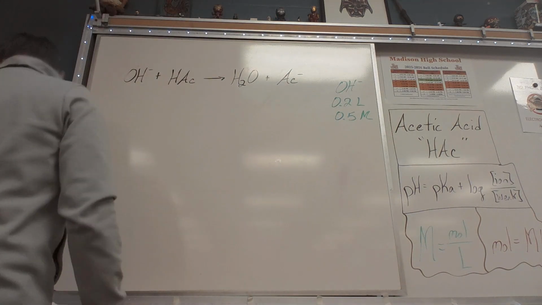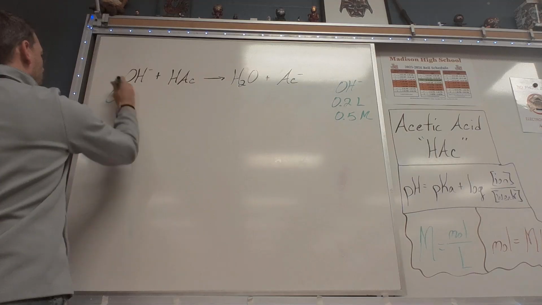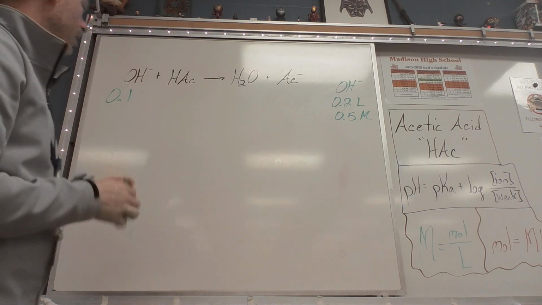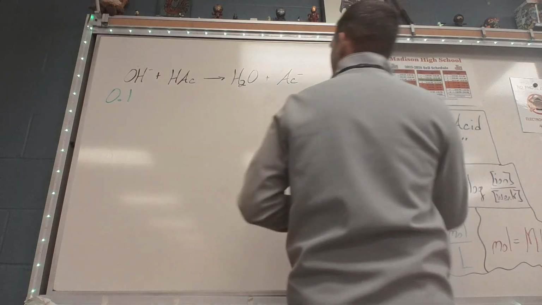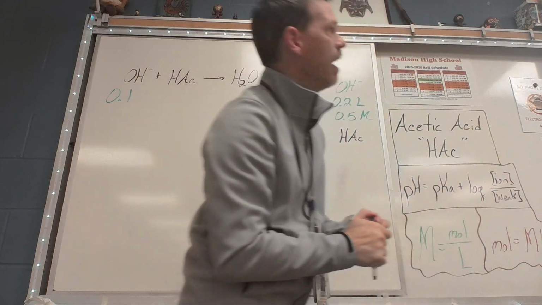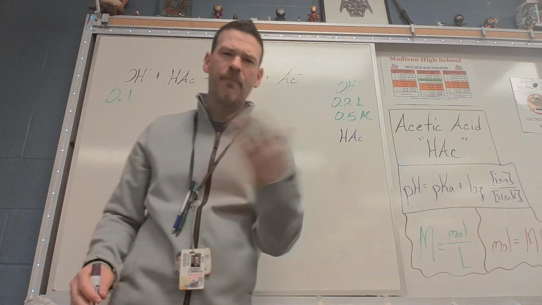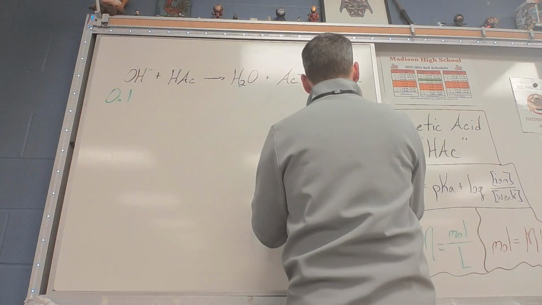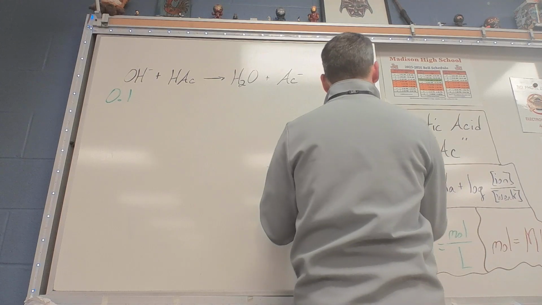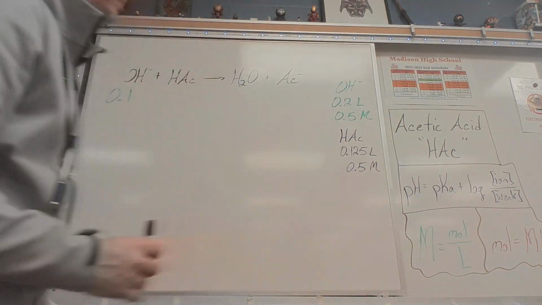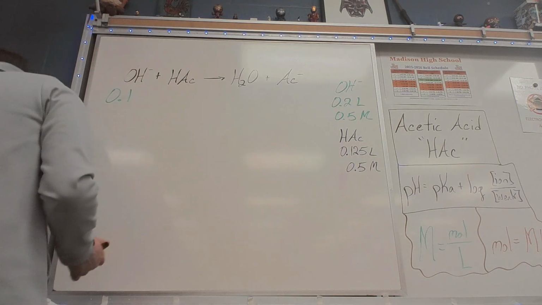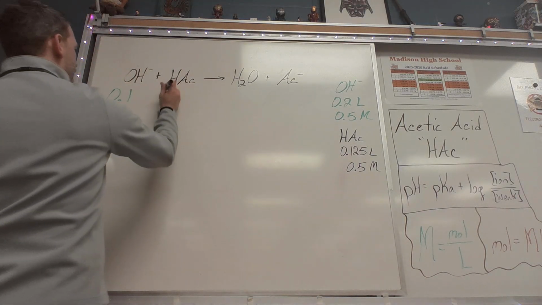So that's going to put us at 0.1. The HAC, the acetic acid, is the same from the previous one. It's the 0.125 liters alongside the 0.5 molar. So again, multiply to find moles, and we will get that 0.0625 number again.